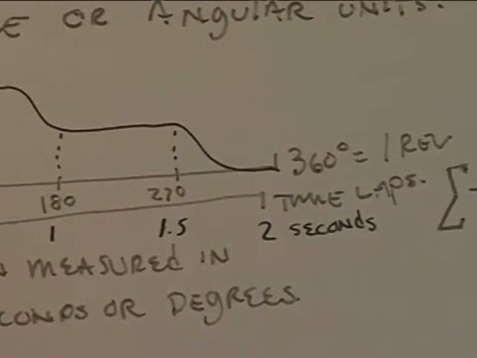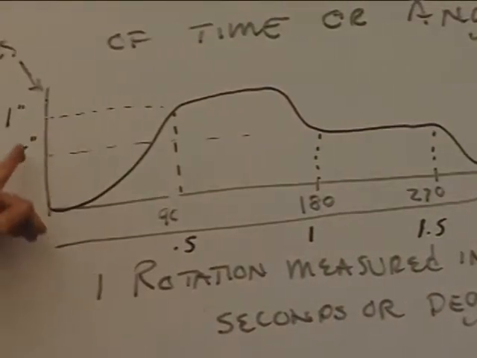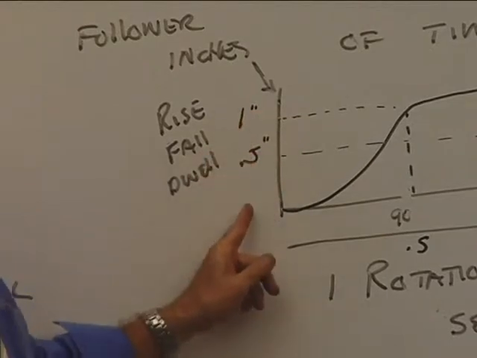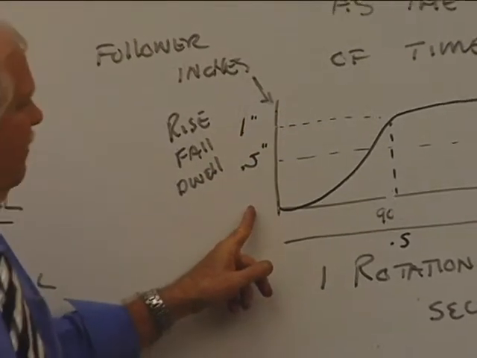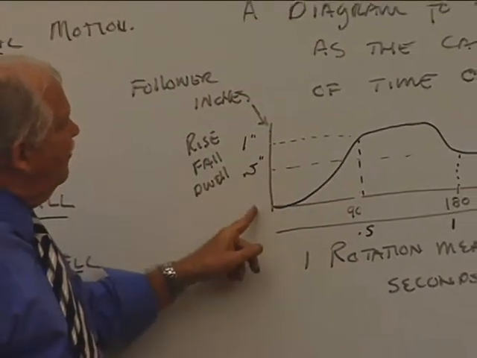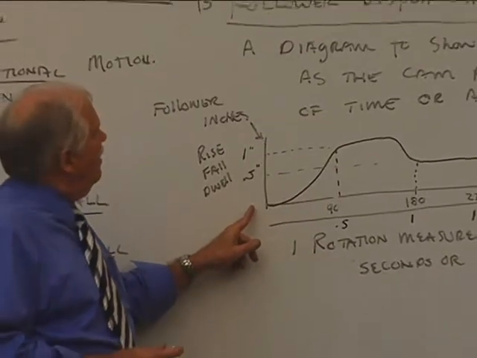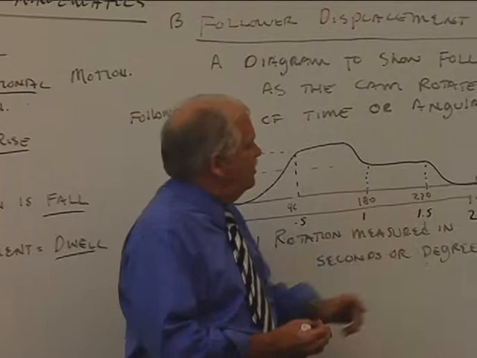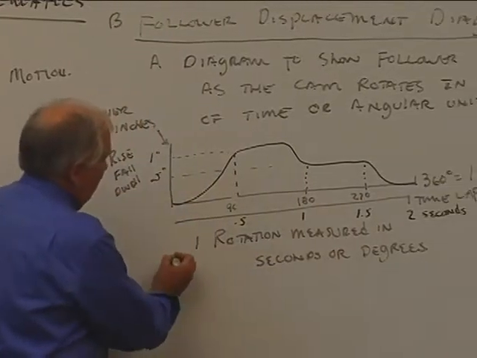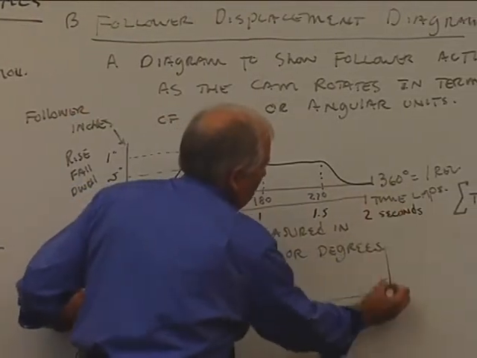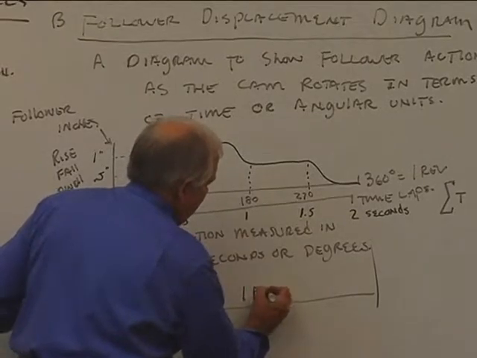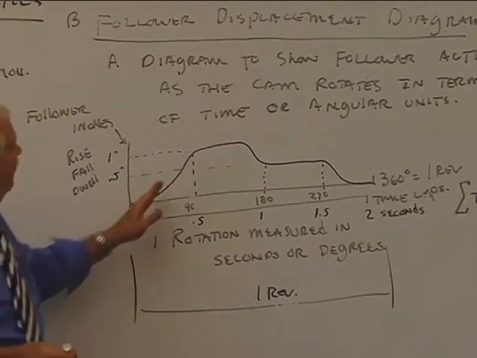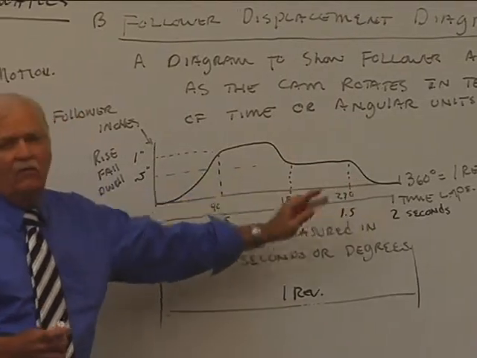All we're doing is relating the motion of the follower as it moves away from or towards the center of the cam. So this is the rise and fall of the cam. And as it rises and falls, it goes through one revolution. So there's one revolution from here to the end.